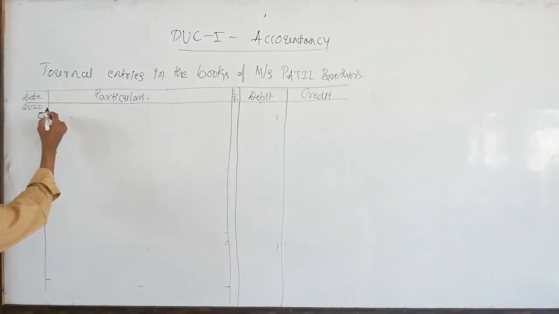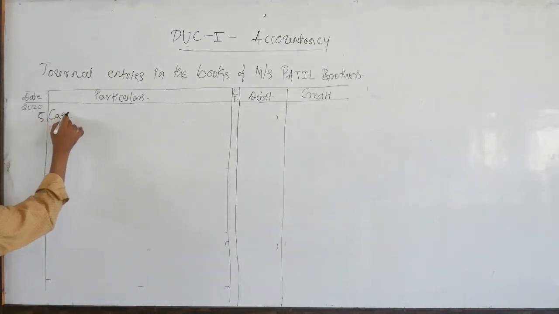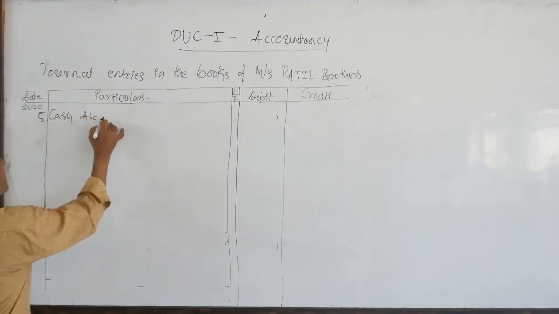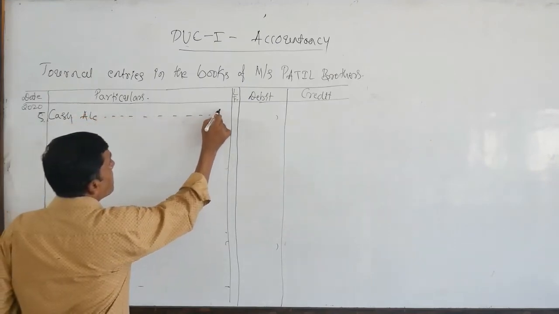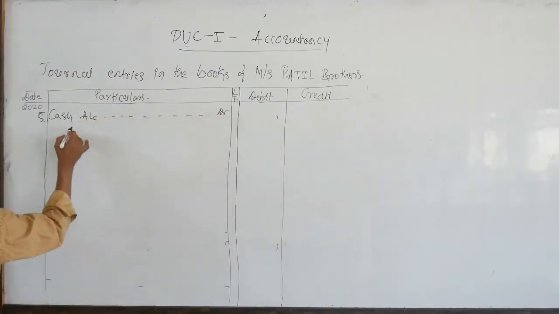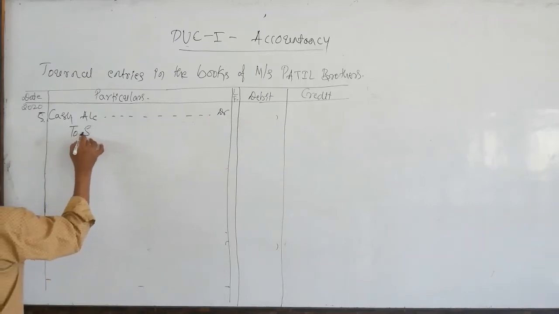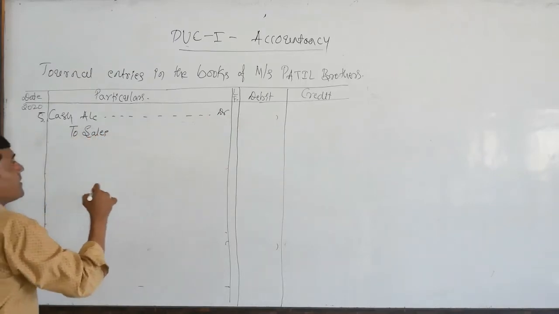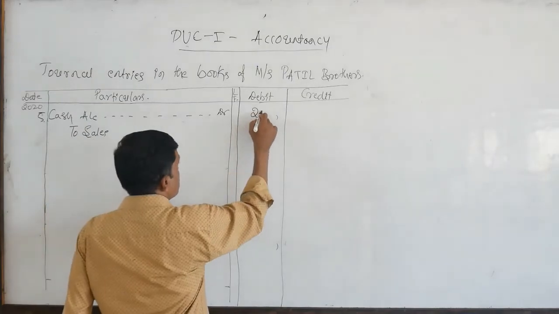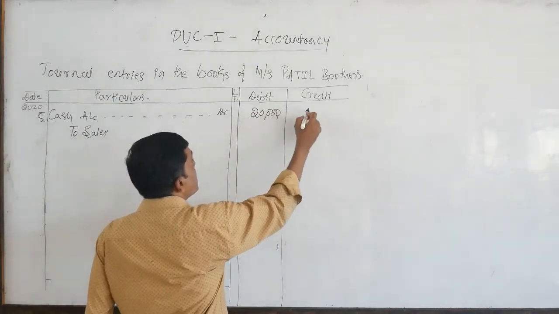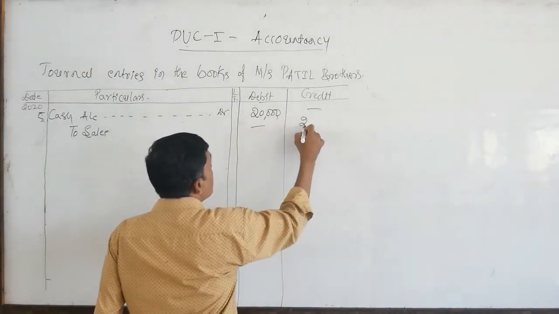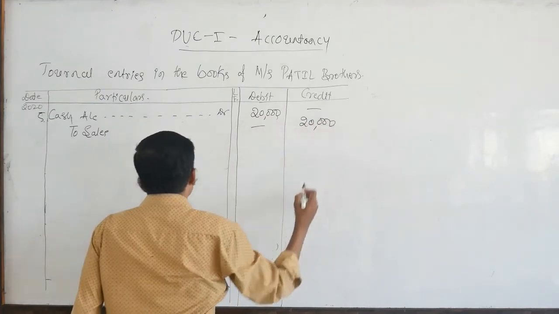So cash comes in. As per the real account, we need to debit the cash account. Cash account debtor to sales account. As I said, the amount is rupees 20,000. The debit amount is to be written in the debit column, the credit amount in the credit column.